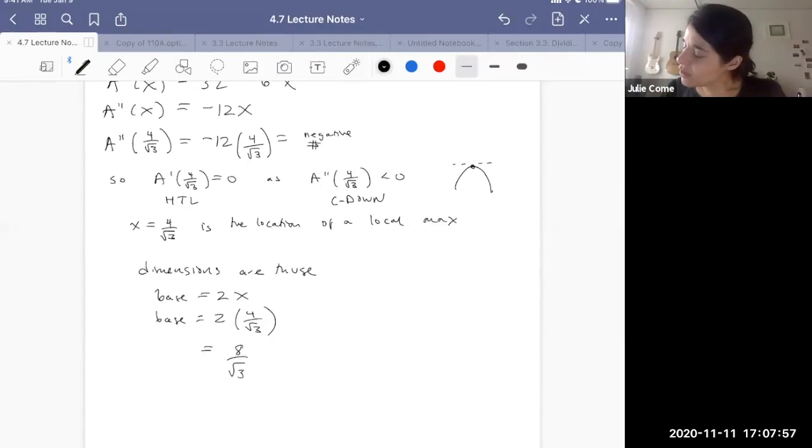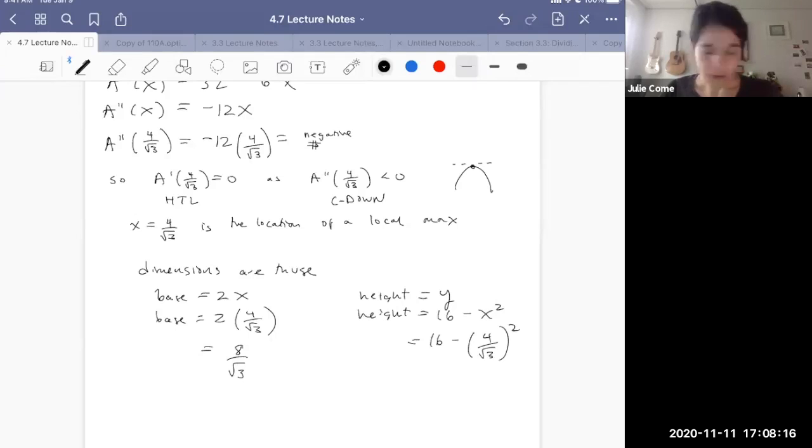And what else do we know? We know that the height of our rectangle was equal to y. And remember that y was equal to 16 minus x squared. So that's going to mean our height is 16 minus 4 over the square root of 3, squared. And if we just do this out, we're going to get 16 minus 16 over 3.